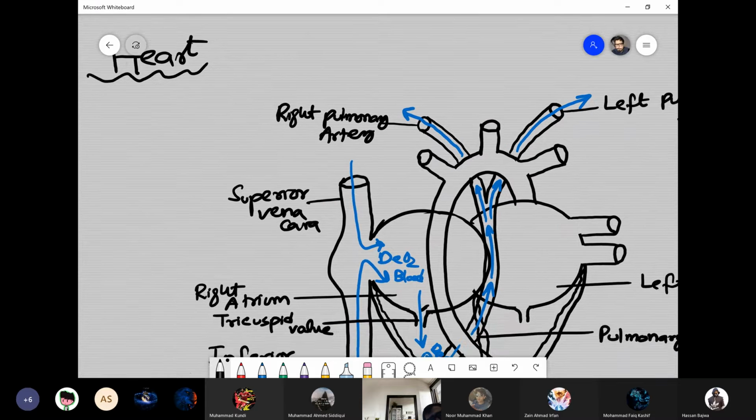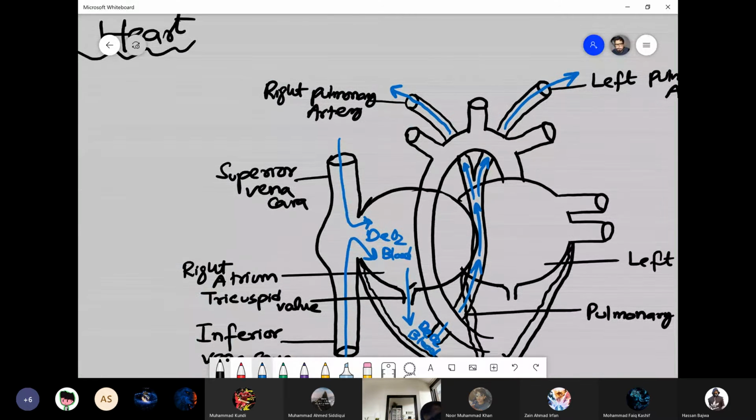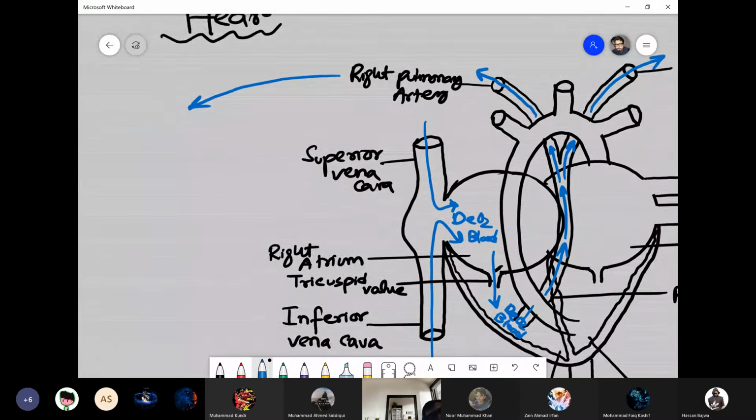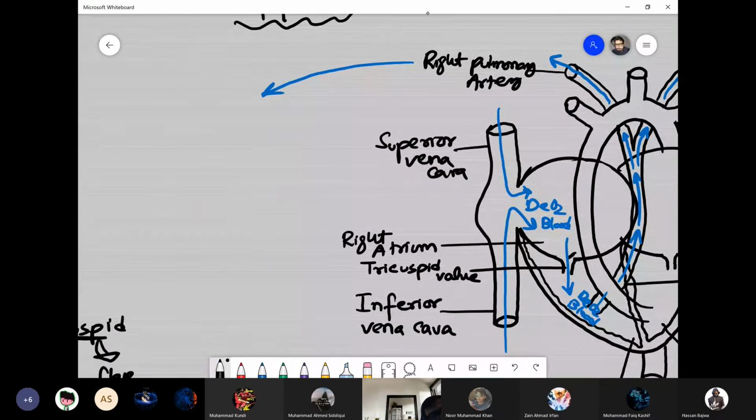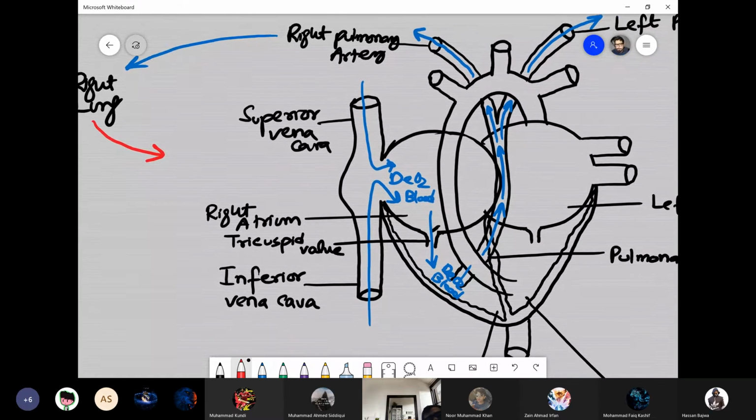Now, this right pulmonary artery will take the blood to the right lung. In the right lung, the blood will lose the carbon dioxide and gain the oxygen, and it will become oxygenated.